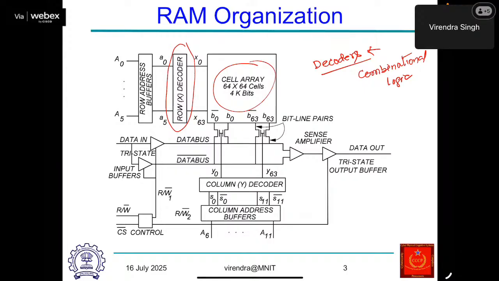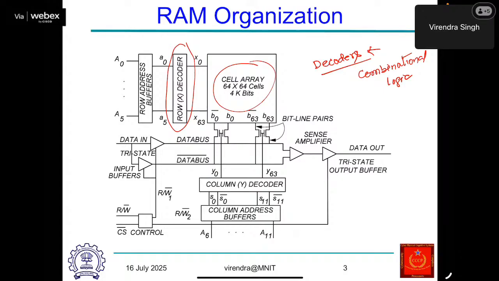However, we know that the decoder has a very specific functionality. What it does is it gets an input stream of bits, zeros and ones, and then generates the address of that particular row and column wherein your cell is placed, and it has to excite that particular cell.